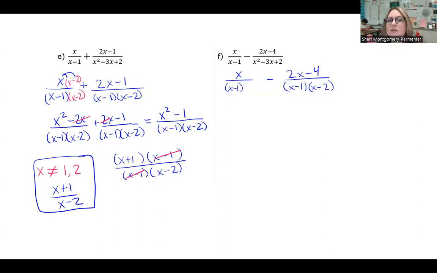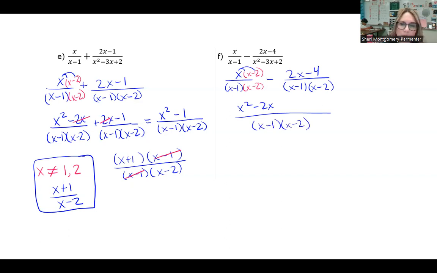I check for missing terms, so the denominators have to be the same. Are they the same? No. So to the first fraction, I need to multiply by missing terms. We're missing an x minus 2. And I multiply or distribute in my numerator. My denominator is going to stay the same.